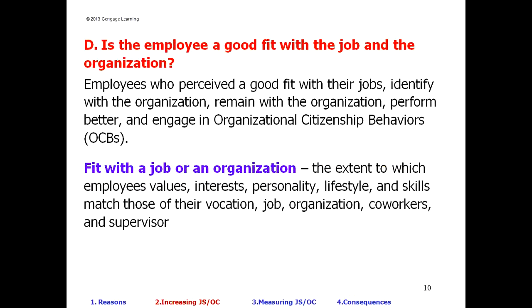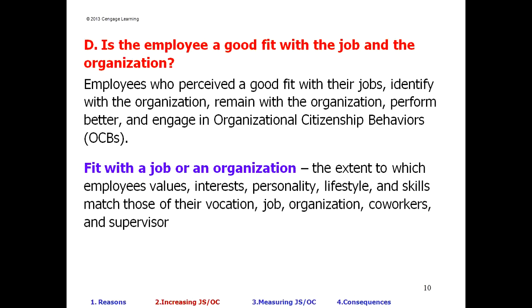And then moving on to D, that is, the employee is a good fit with the job and the organization. Employees who perceive a good fit, meaning how much they are identified with the organization, remain with the organization, perform better, and engage in OCBs, that is, organizational citizenship behaviors.